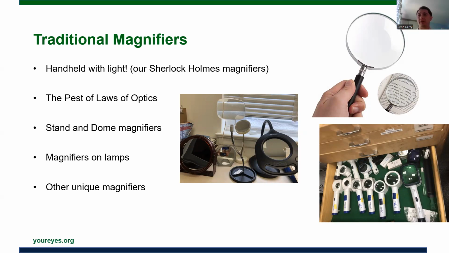People like wearing them when they're out and about, especially if they're grocery shopping and they want to see the price real quick. It's just around their neck, so all they have to do is grab it. And I'm just going to slide my camera down a little bit because I'm doing a lot with my hands here. They can just grab their pendant magnifier and then focus on what they're trying to see. There's pocket magnifiers, so they look like a credit card, and it slides out a little magnifier that you can look through. Again, these are good for small things. I would not recommend these for extensive or long-term reading.